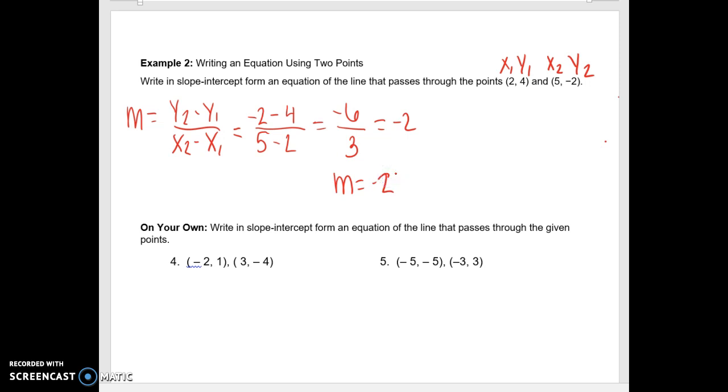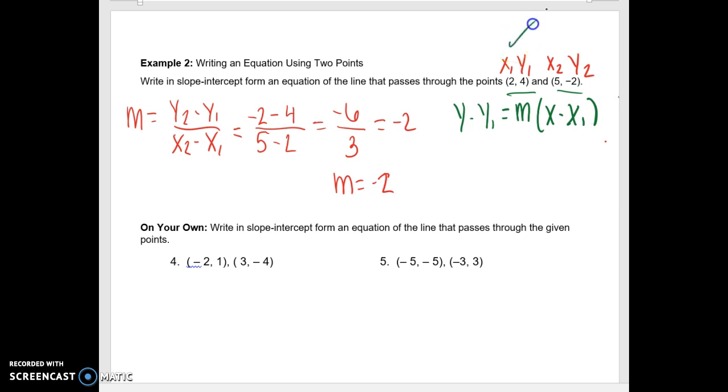Okay, so now I figured out my slope, but now I don't really know what my y-intercept is because neither of these points is my y-intercept. So I'm going to use my point-slope formula from the problem before in order to figure out what my y-intercept is. So y minus y1 equals m times x minus x1.